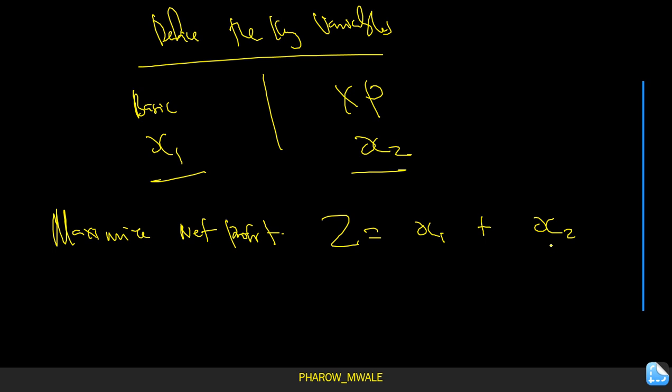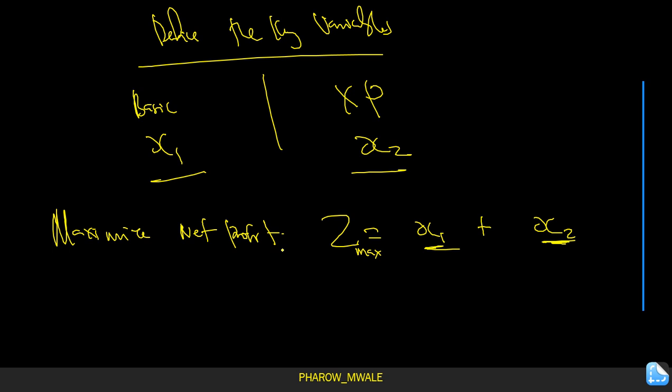Okay, now these are the quantities. These x1 and x2 are the quantities. Z is for the profit. Now a profit is a number, and what this is wanting us to find is how much net profit we can make from one basic computer and one XP computer.